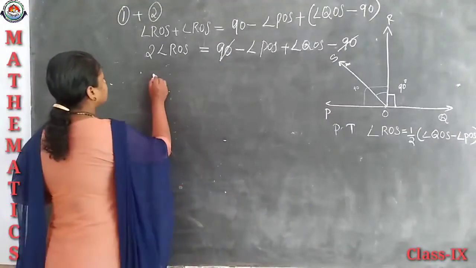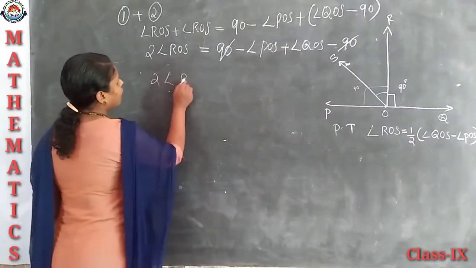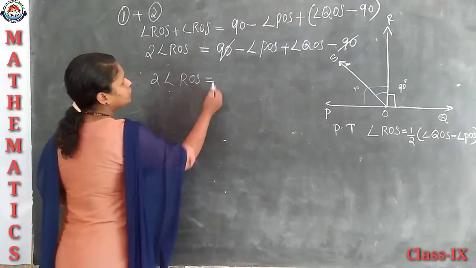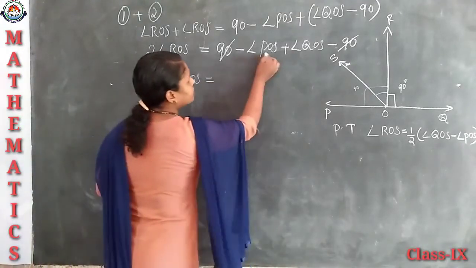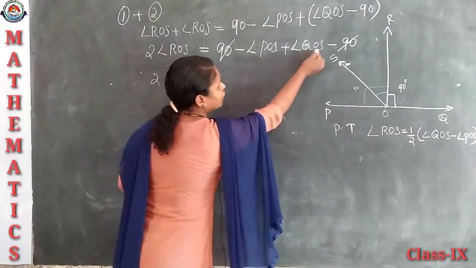Then 2 angle ROS equal to minus angle POS plus angle QOS.